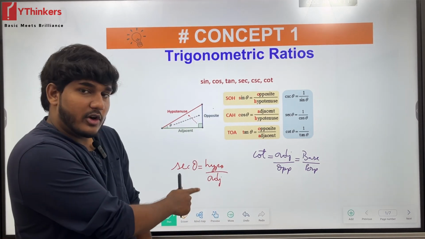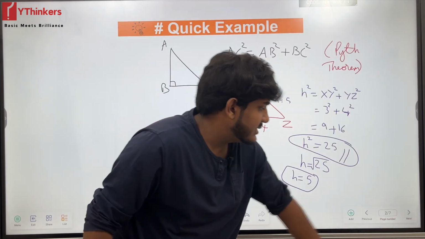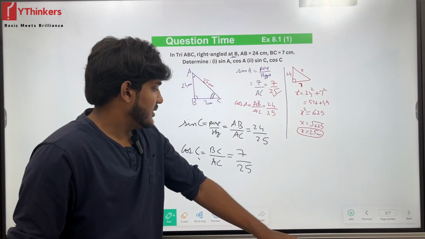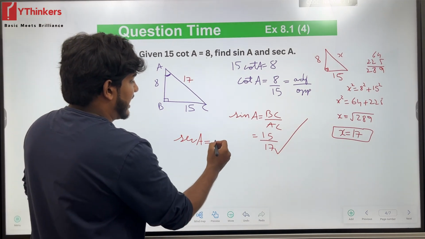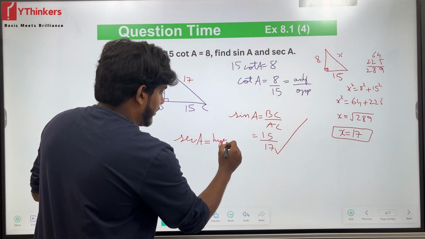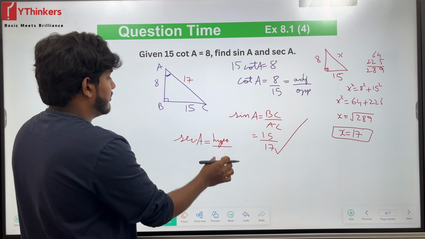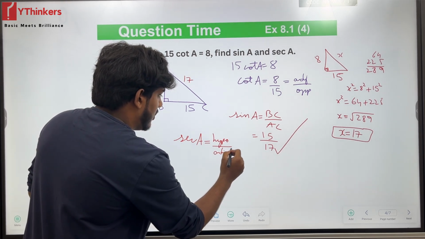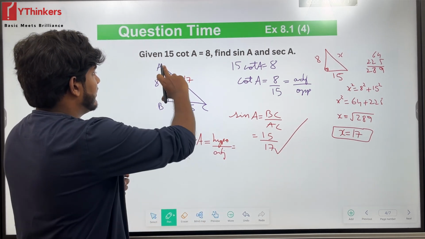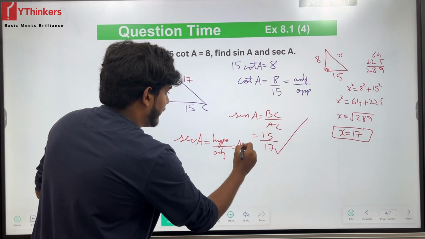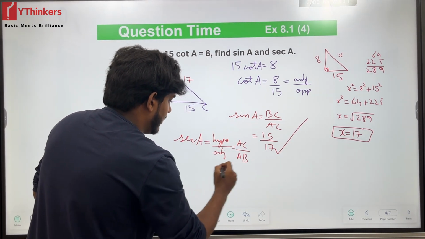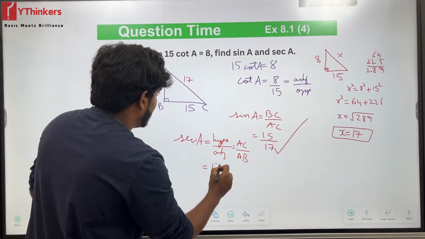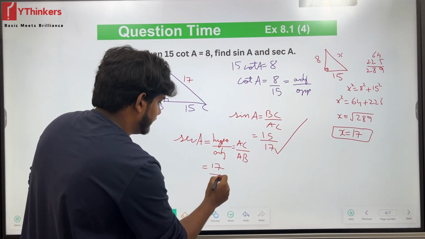So sec theta formula we know now. Sec A is nothing but hypotenuse by adjacent. What is hypotenuse to sec A? Which will be AC by AB, which will be nothing but 17 by 8.